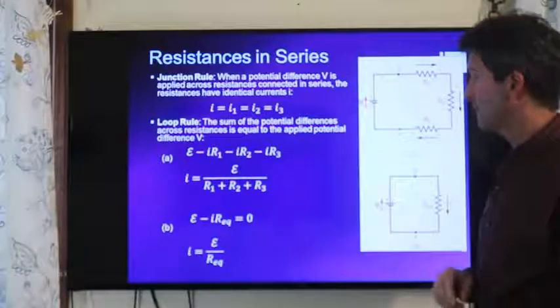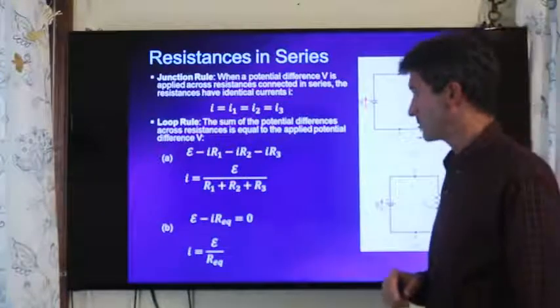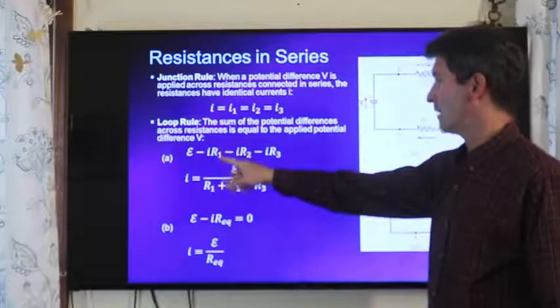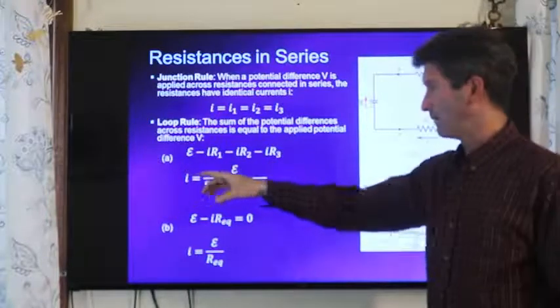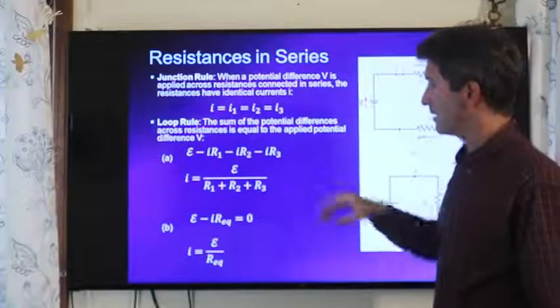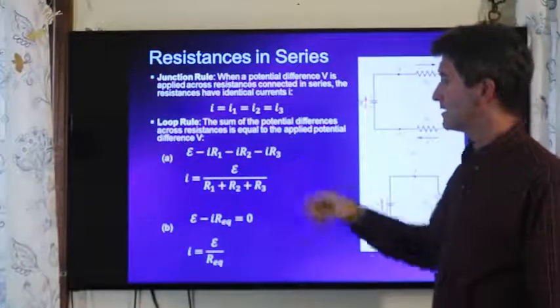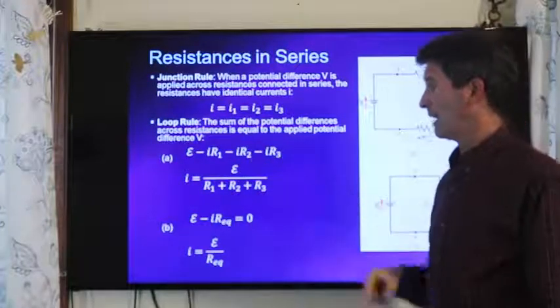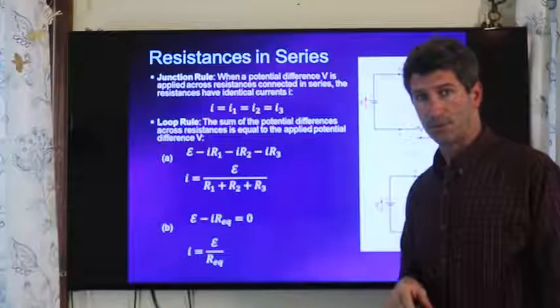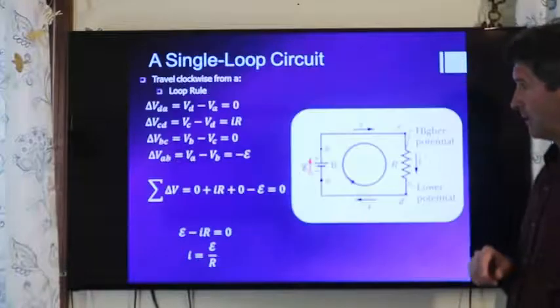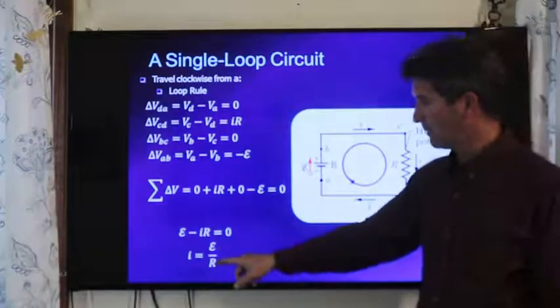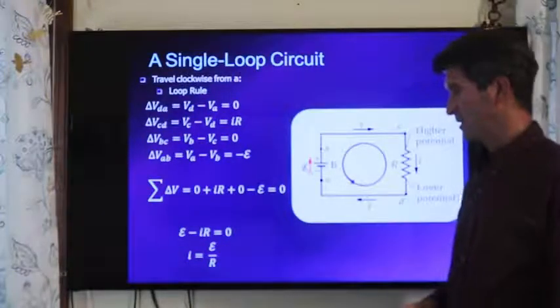We solve for this, and once we solve, we have I times R1 plus R2 plus R3 set equal to the EMF, so we solve for I there. We see that I is equal to E divided by R1 plus R2 plus R3. This is the same exact result we got before, where we got the EMF over the total resistance.